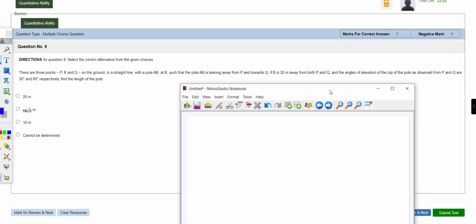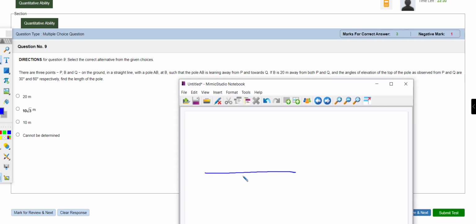There are 3 points P, B, Q on the ground in a straight line, with a pole AB at B such that AB is leaning away from P and towards Q. B is 20 meters away from both P and Q. P, B, Q means B is somewhere in between P and Q, so this distance is 20, 20.